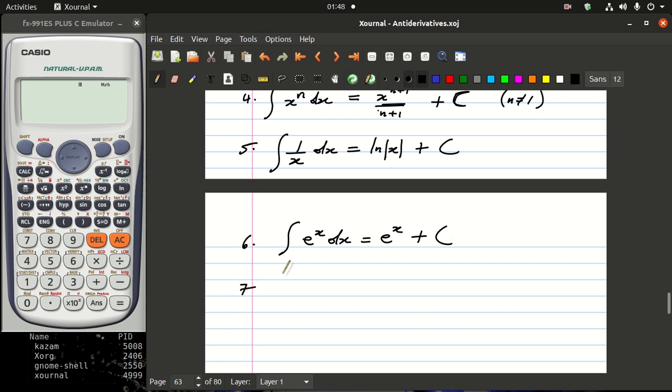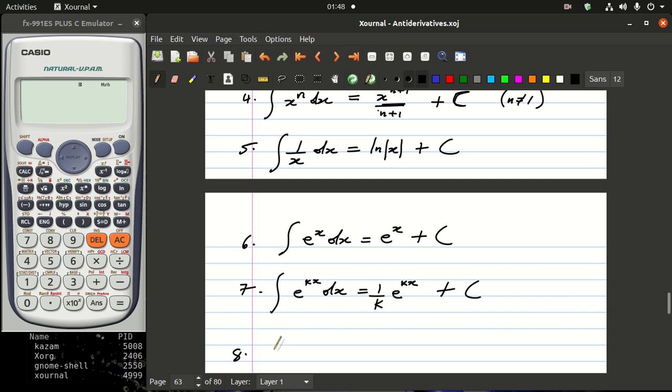But if we are looking for the most general antiderivative of e raised to an exponent k times x with respect to x, we are going to end up having to divide by k, and you have e raised to kx, dx, plus the constant of integration.